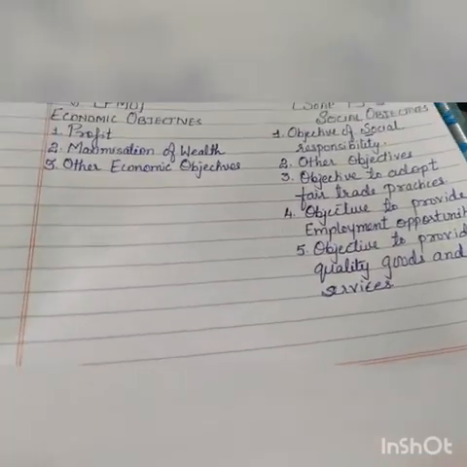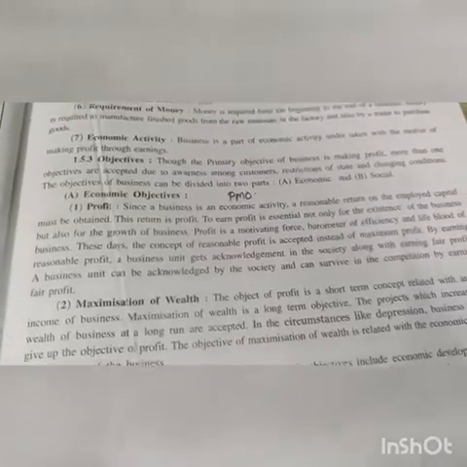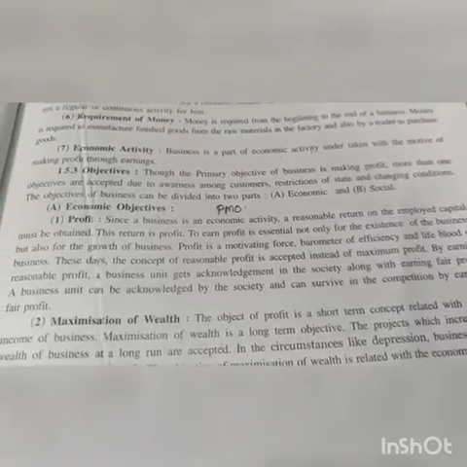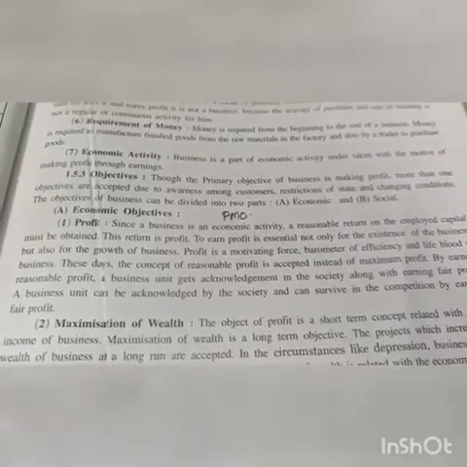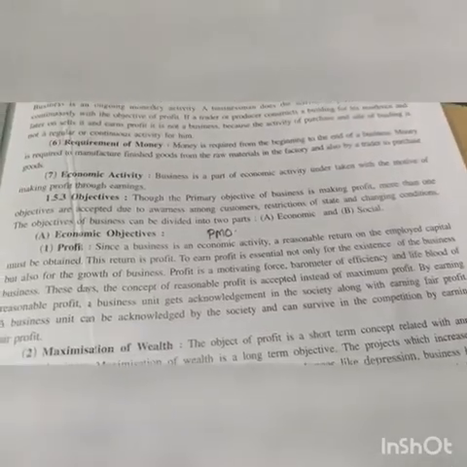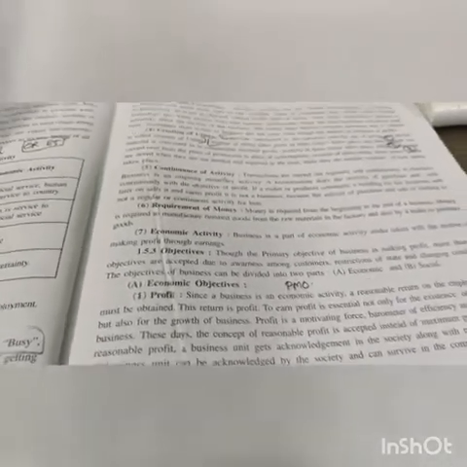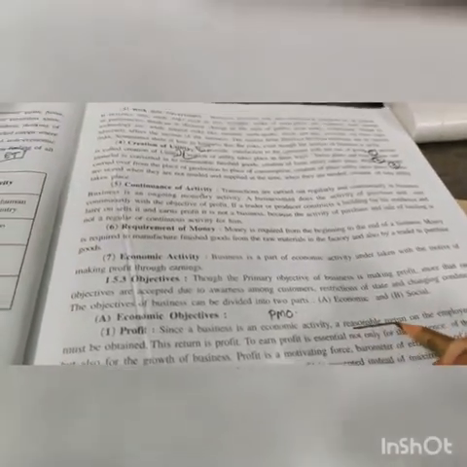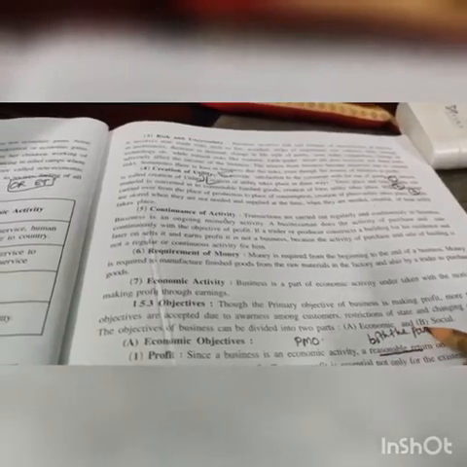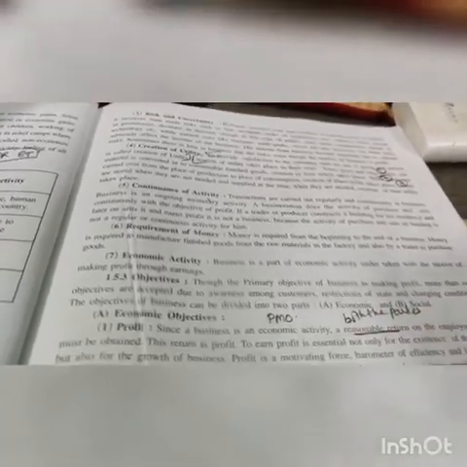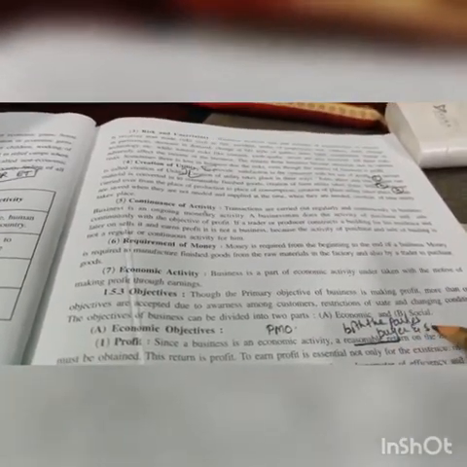Now see the first economic objective, that is profit. Since a business is an economic activity, a reasonable return is needed. What do you mean by reasonable return? Reasonable return is such where both the parties, buyer and seller, are satisfied.